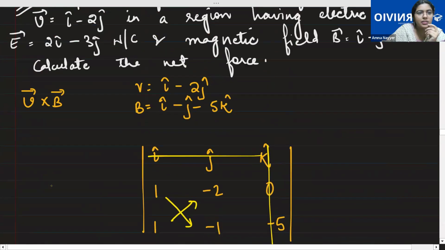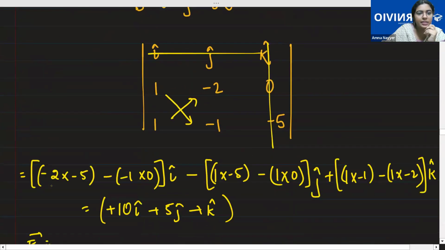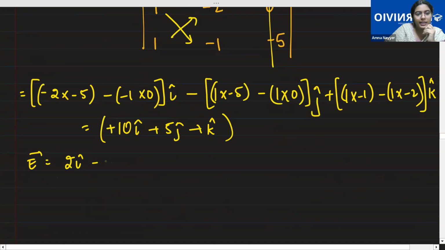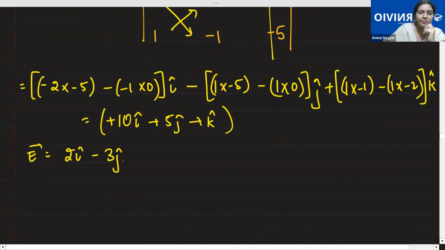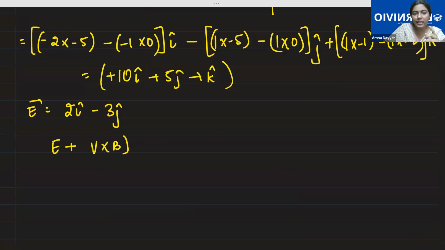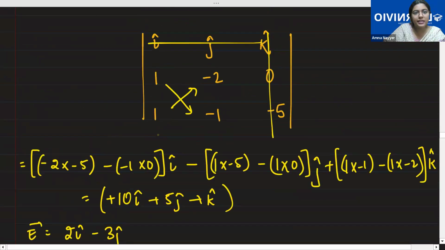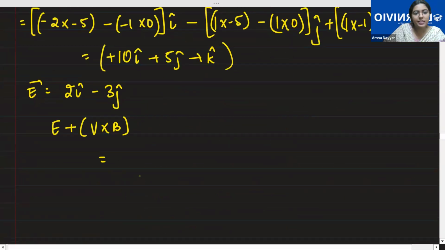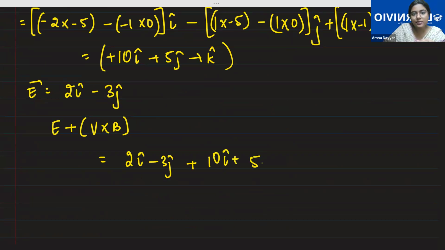The electric field is 2 i cap minus 3 j cap. So what do we have next? We add this to the V cross B. The electric field's components you add with the V cross B. So 2 i cap minus 3 j cap plus 10 i cap plus 5 j cap plus k cap.